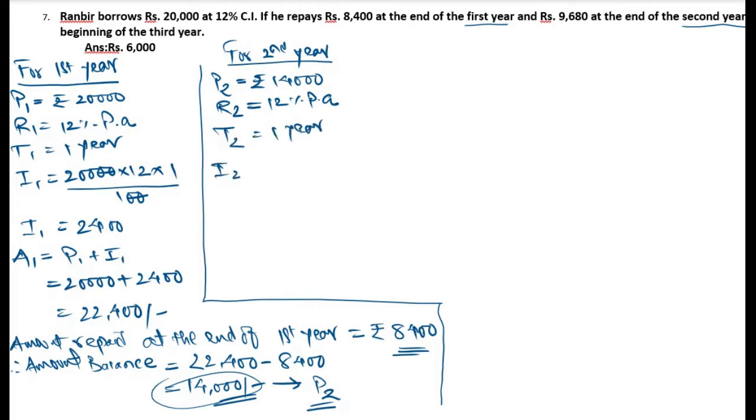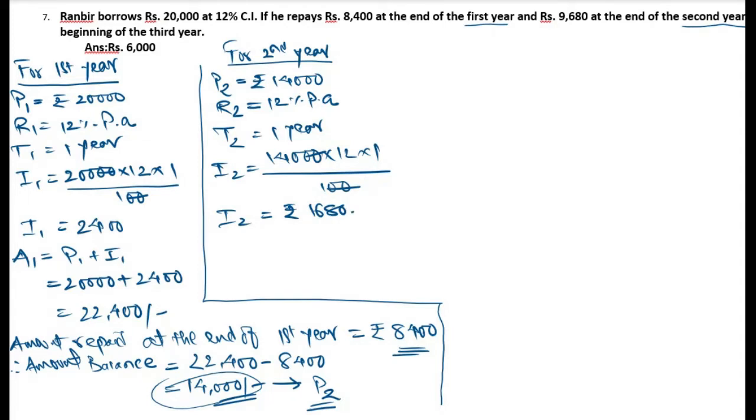So I2 will be 14,000 into 12 into 1 upon 100. So 140 into 12 we have to do. That is 1680.